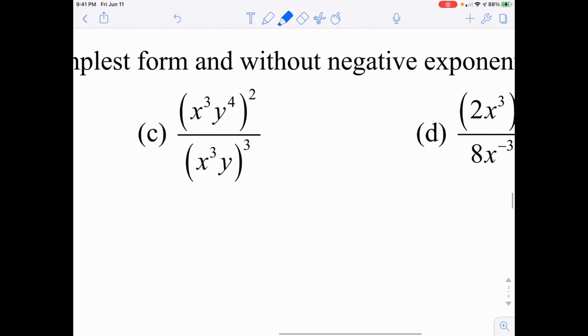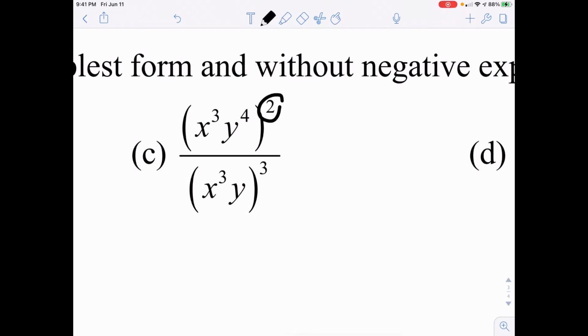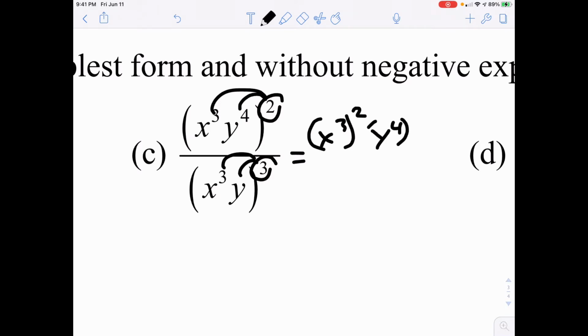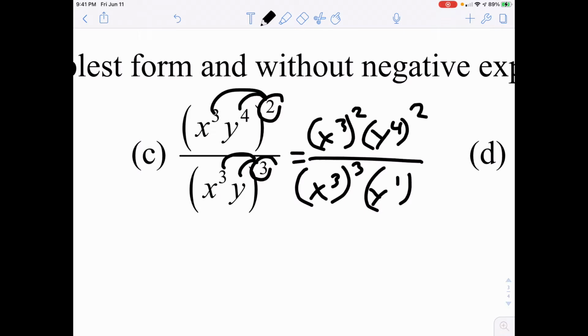Letter C, we're first going to begin by taking that 2 and applying it to each term on the top. Then we're going to take this third power and apply it to each term on the bottom. So this is really x cubed squared times y to the 4th squared over x cubed times y to the 1st power cubed.